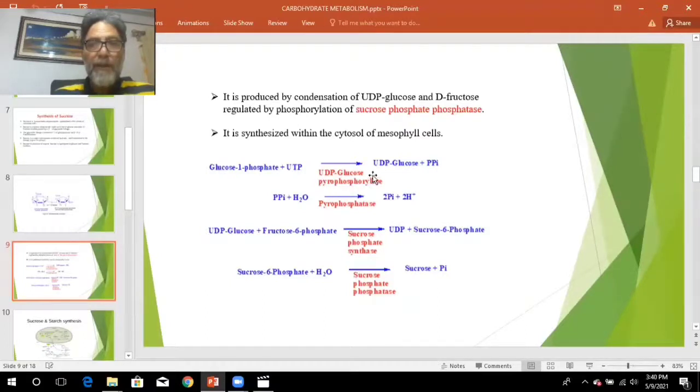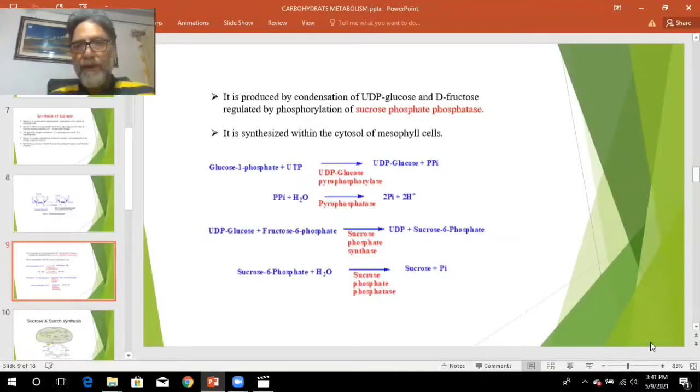UDP glucose will combine with fructose 6-phosphate in the presence of the enzyme sucrose phosphate synthase, resulting in the formation of sucrose 6-phosphate, releasing UDP. This sucrose 6-phosphate, in the presence of water and sucrose phosphate phosphatase, results in the formation of sucrose and releases orthophosphate, or inorganic phosphate.